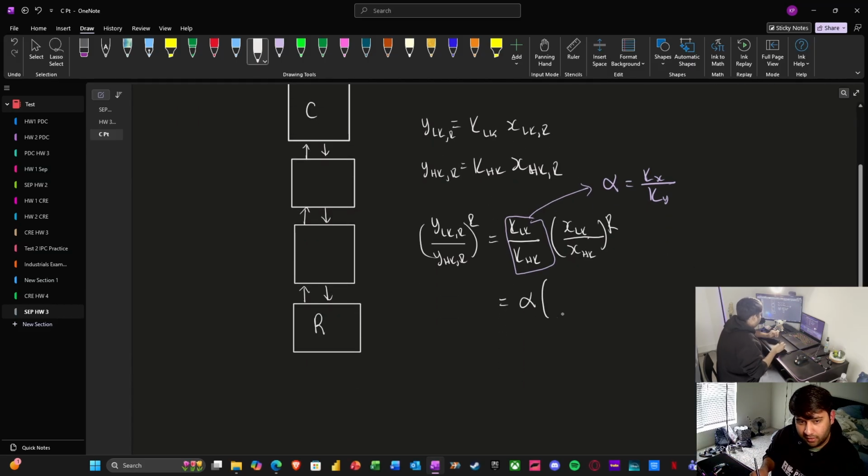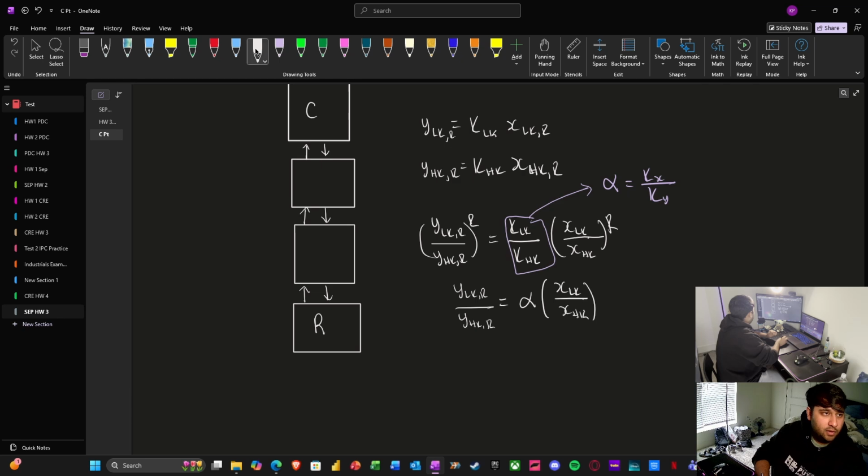But we got our alpha value, and then we can get rid of those R's. And we're left with LK_R and HK_R. And this right here is our Fenske equation.